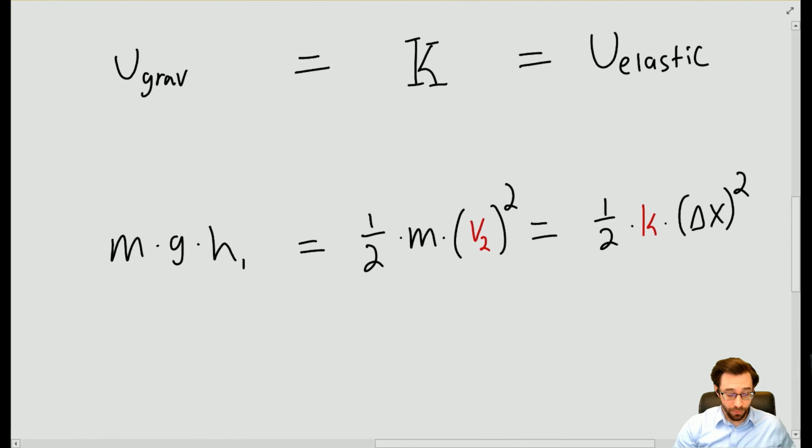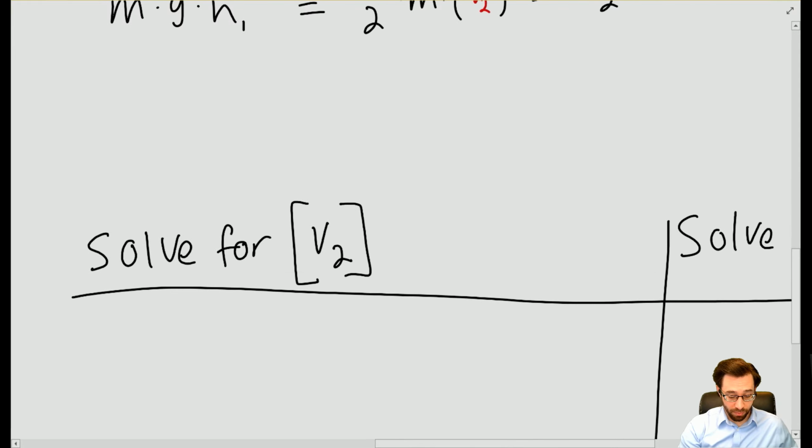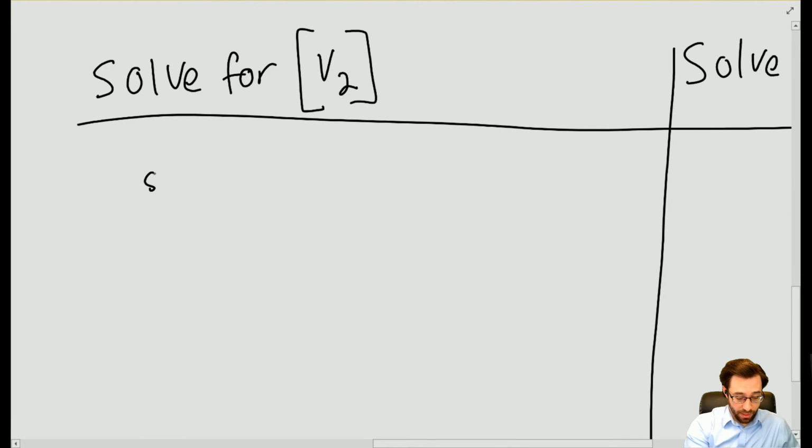Like I mentioned before, this is state 1, and this is state 2. So I'm going to set state 1 equal to state 2. I'm going to skip a couple steps and just plug in what they're equal to.